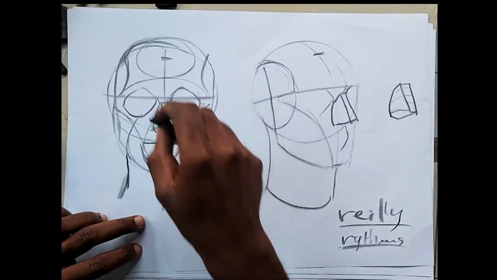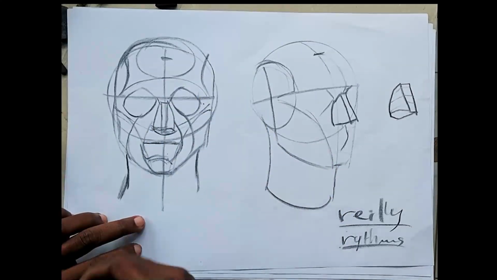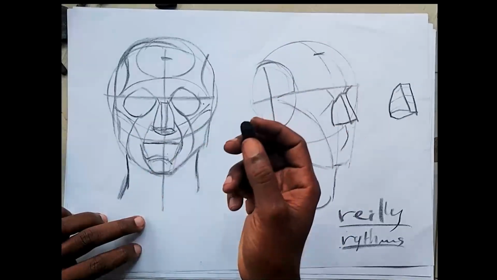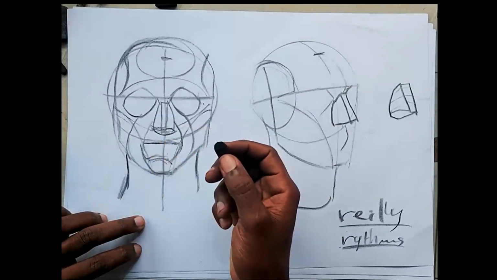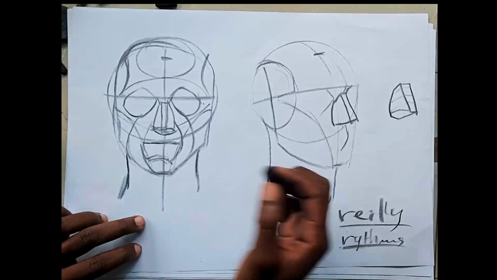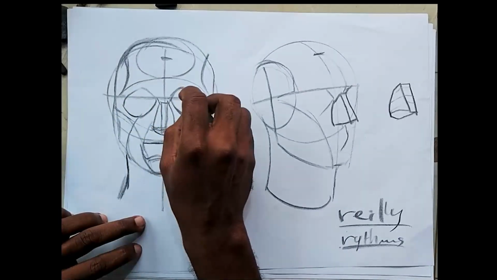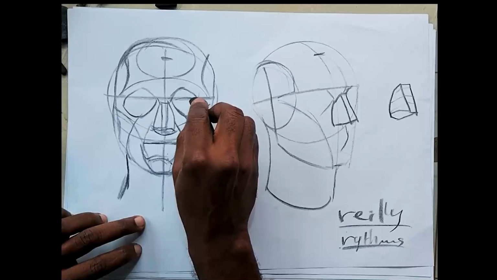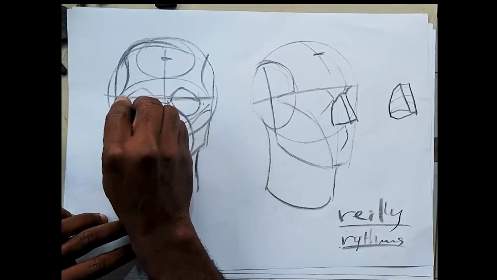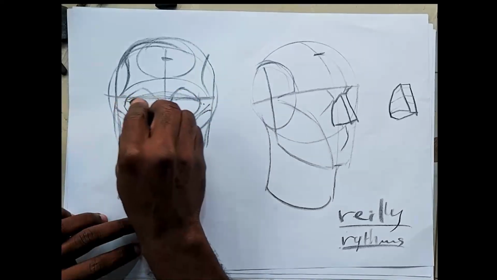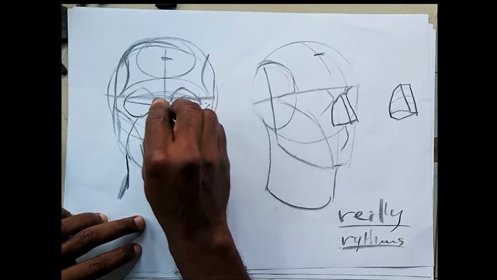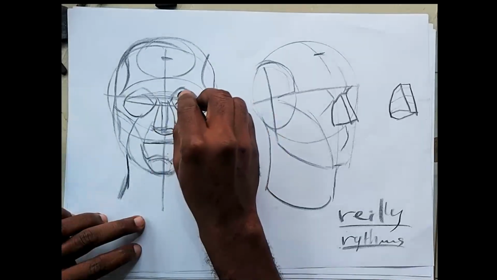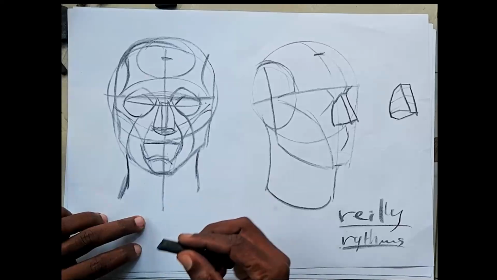When you know anatomy, sometimes you just put some rhythms according to what you know. If you add, for example, some rhythms for the eyes, you can add as many rhythms as you want.